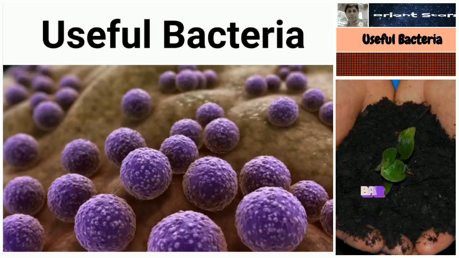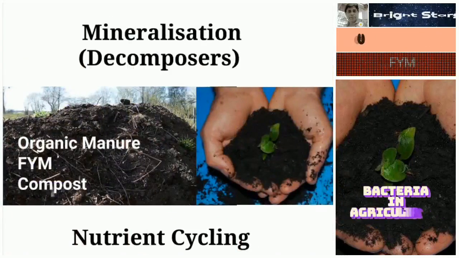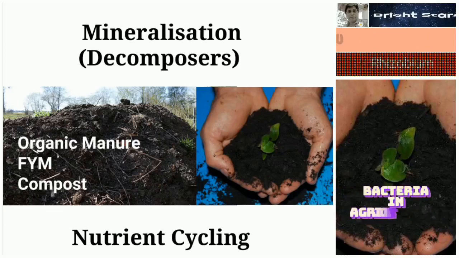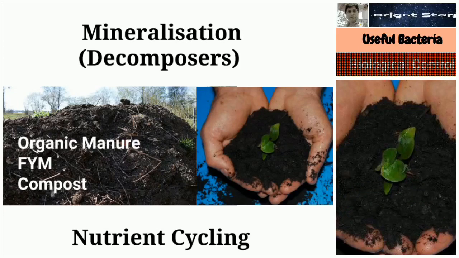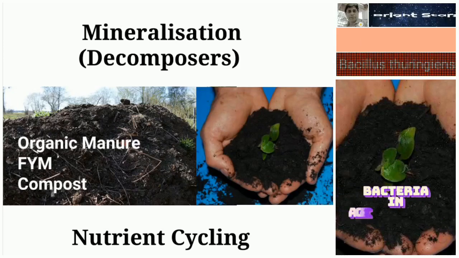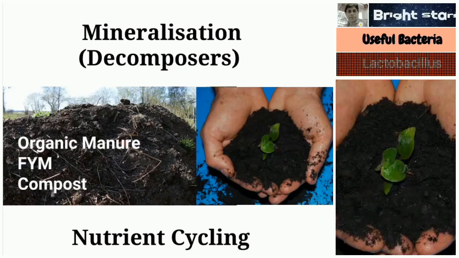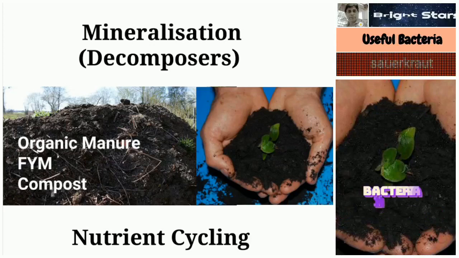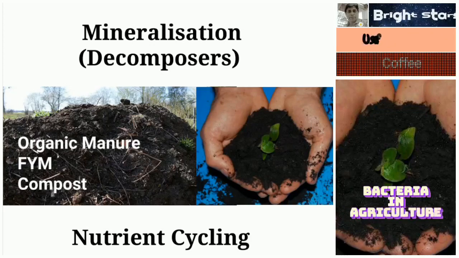our daily living. See here, they are useful for mineralization. Minerals are chemical elements. Minerals are converted into organic compounds. Organic compounds means what? They may be plants, animals, human beings, their flesh, their blood, their body organs, bones.